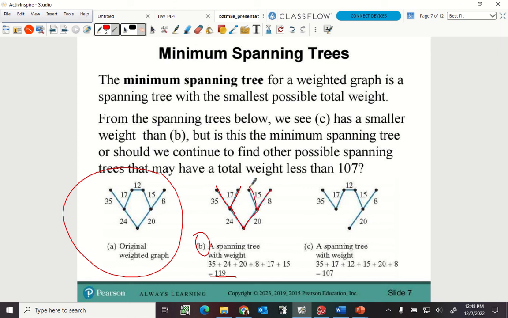This one over here, I had 35, 17, but instead of going down here, I did 12, 15, 8, and then down to 20. So this one came with the smaller number of 107. So we're always going to be looking for the smallest number here. That's what minimum means. Right? Hopefully not too boring.